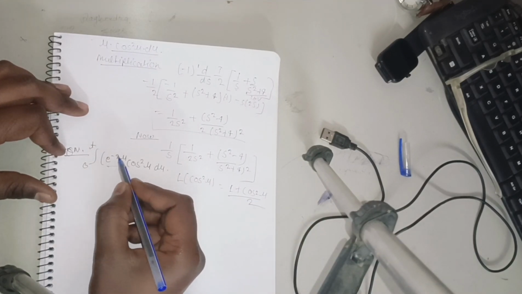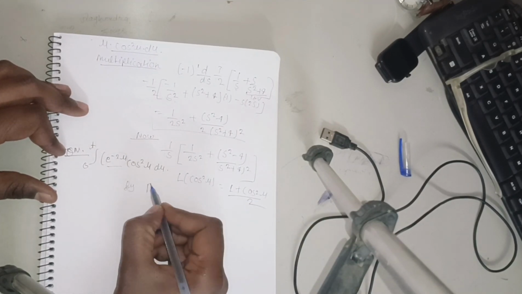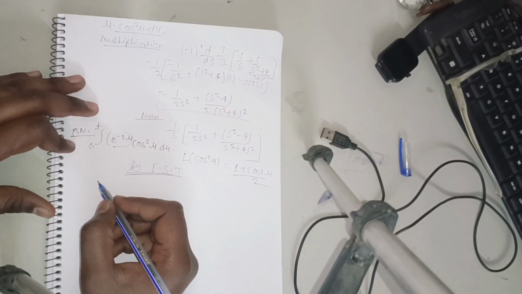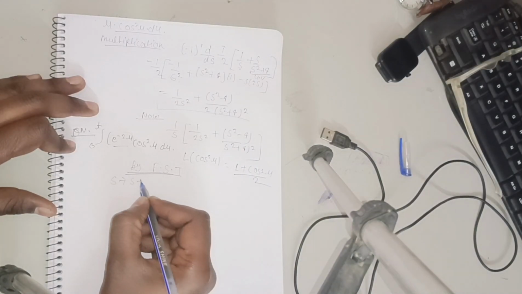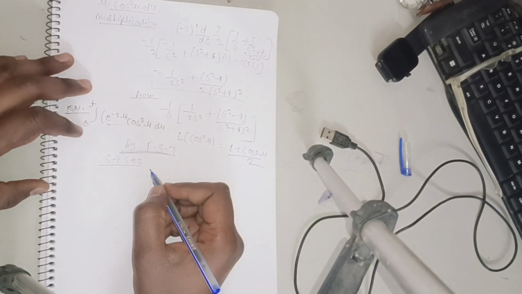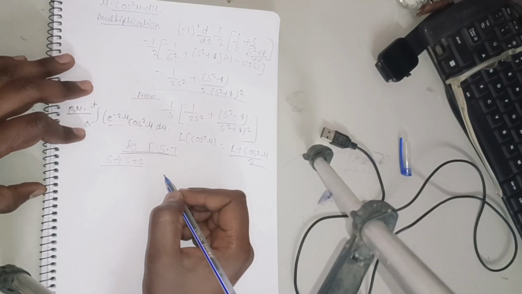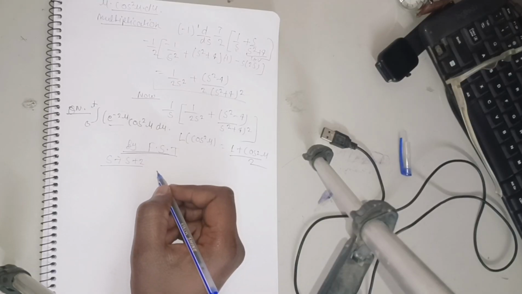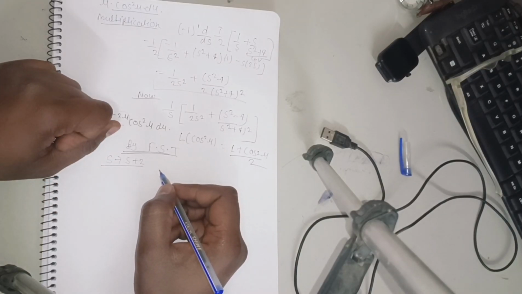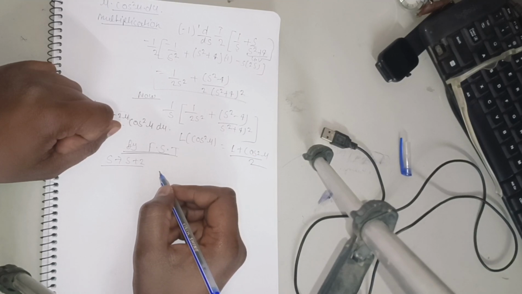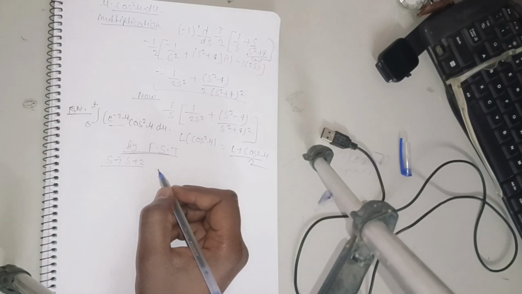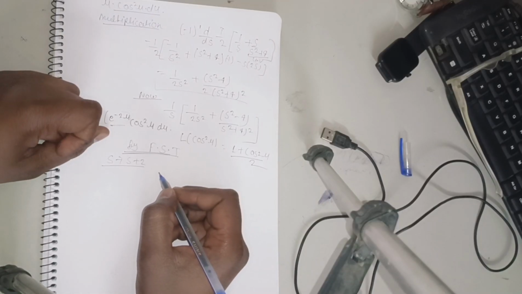So now by the first shifting theorem, s can be replaced as s plus 2, right? So s can be replaced as s plus 2.